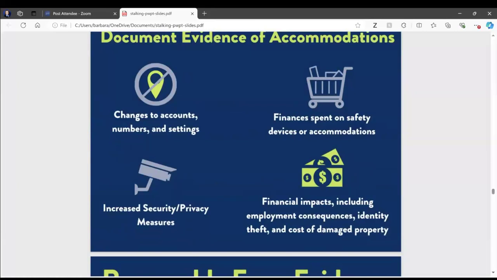Your location is in every single app that is on your phone. Google has your location on. You need to sit down with your client. If they don't know how to do it, you can assist them or send them to their service provider. Go through every single app and turn off the location. You need to do that on a regular basis.